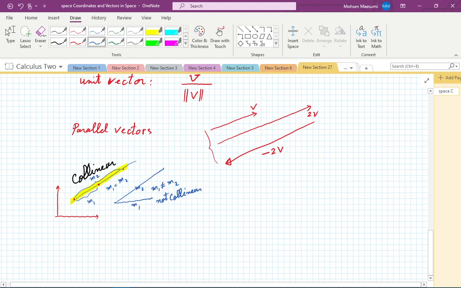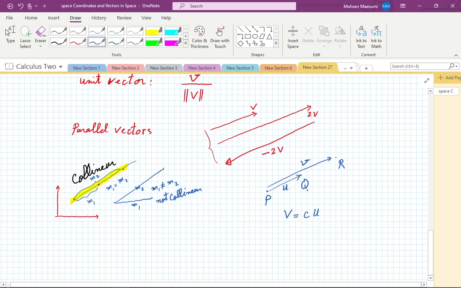You can apply the same idea in 3 dimensions. If I have points P, Q and R, in 3 dimensions it's very hard to see if they are collinear or not. So I can consider a vector PQ, let's call it U, and then PR, let's call it V. The 3 points are going to be collinear if one of these vectors is some multiple of the other vector, like if one of them is double the other one, three times the other one, or minus 5 times the other one.